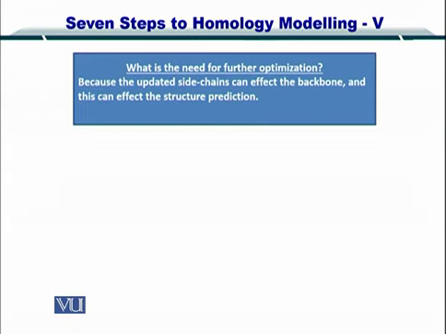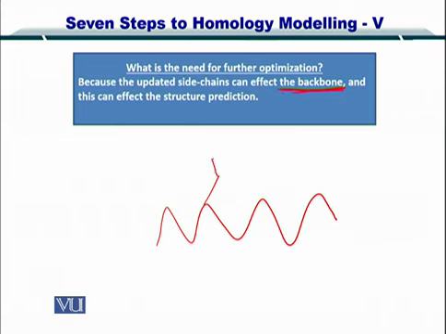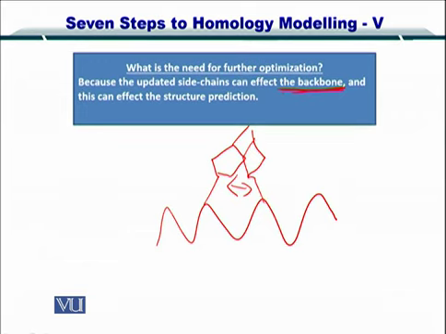As I just mentioned, the updated side chains can affect the backbone. For instance, here, if you have interaction between two rotamers, then this needs to be optimized by shifting one rotamer to the other conformation and removing this one.